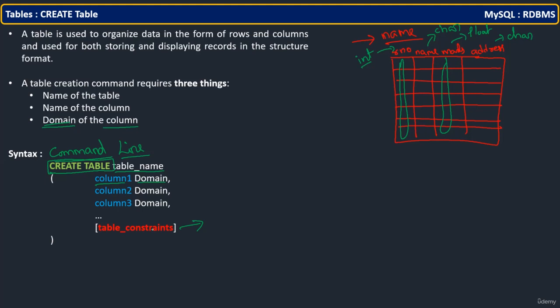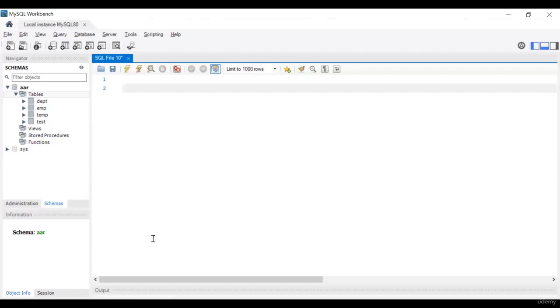Okay, now let us try to create one simple table in the database. Here I'm going to create a student table. So CREATE TABLE, and the table name is student. Then you must give the braces. Inside the braces, we have to mention the columns and their corresponding domains. For example, roll number I am going to take.